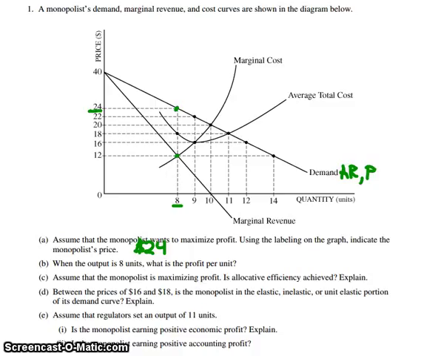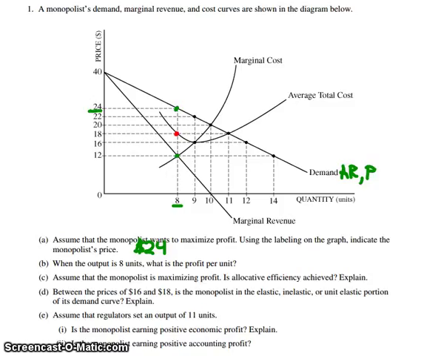Part B says when the output is 8 units, what is the profit per unit? So the amount of profit is the difference between the price that we're paid, $24, and the cost of producing those units. So if I could just change colors here for a second. The cost of producing 8 units is off of our average total cost curve at 8.